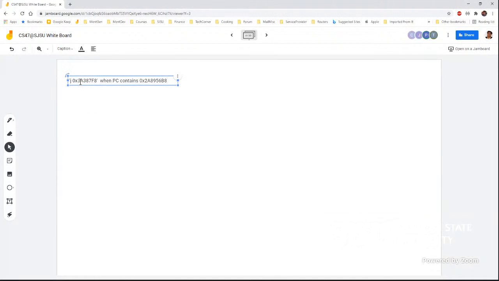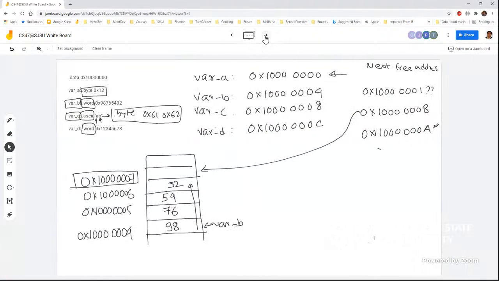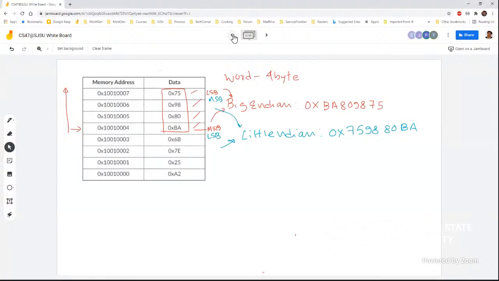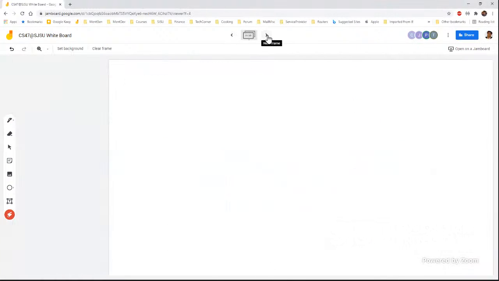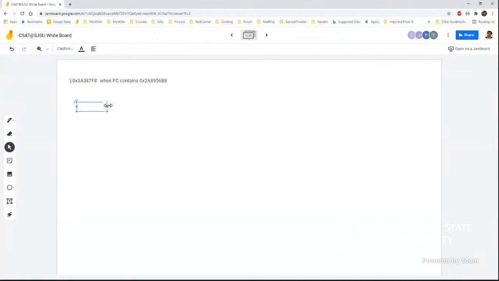So your jump address, the JA part of it, where is that? Here. So this part is given in this problem. That means essentially your 26-bit.